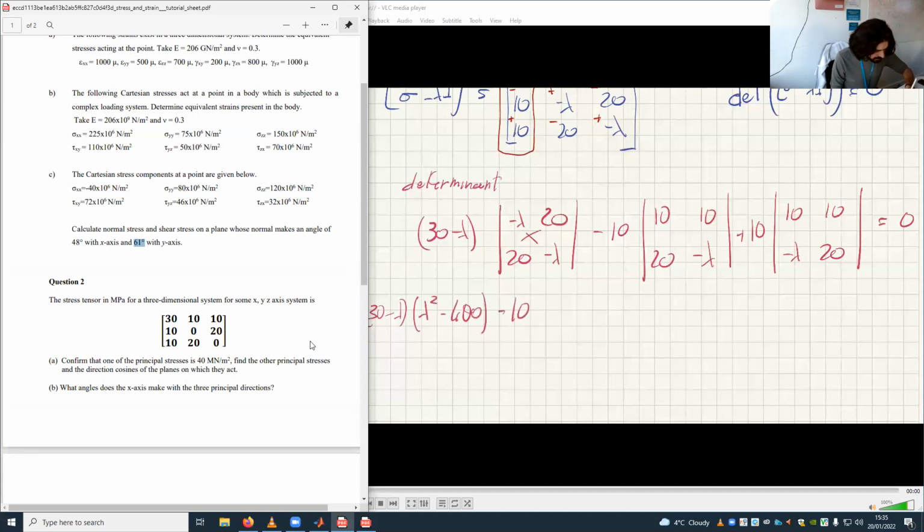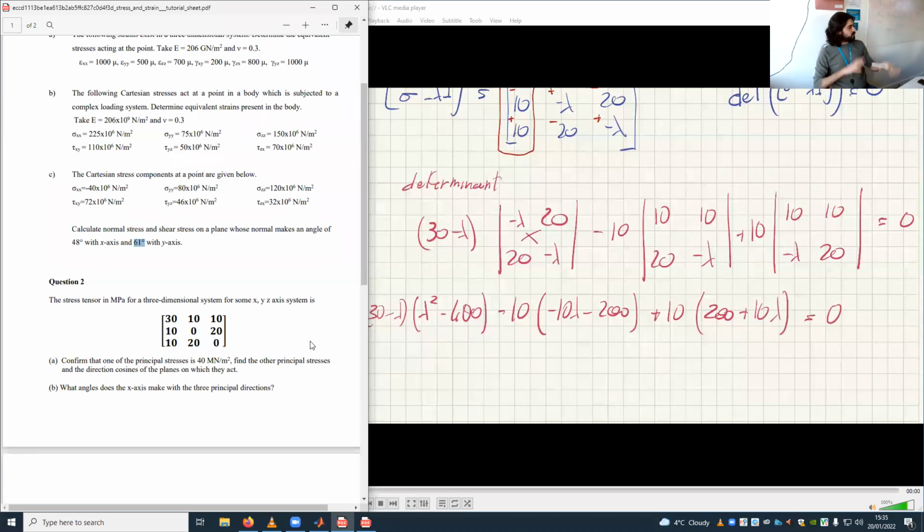Minus 10 times minus 10 lambda minus 200. Minus 10 lambda minus 200. Plus 10 times 200, plus 10 lambda, equal to 0.